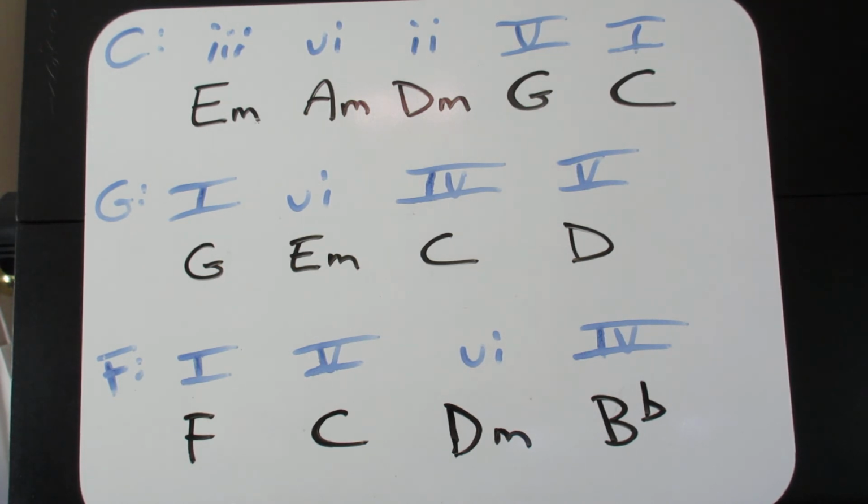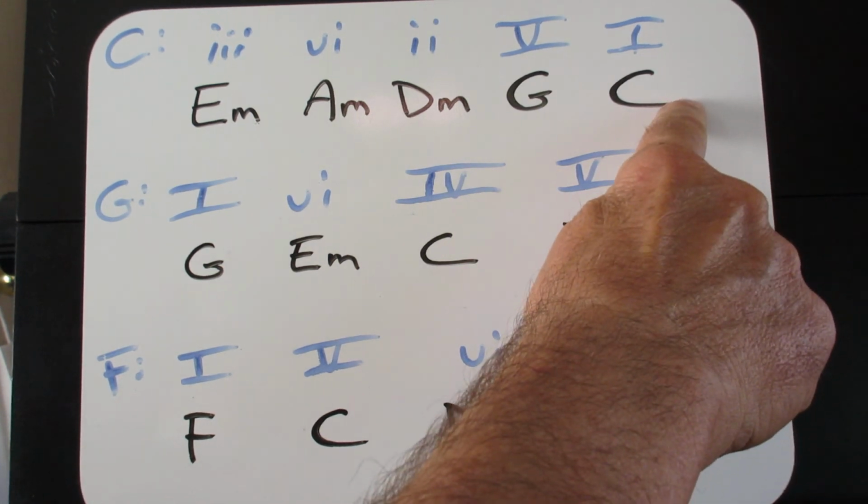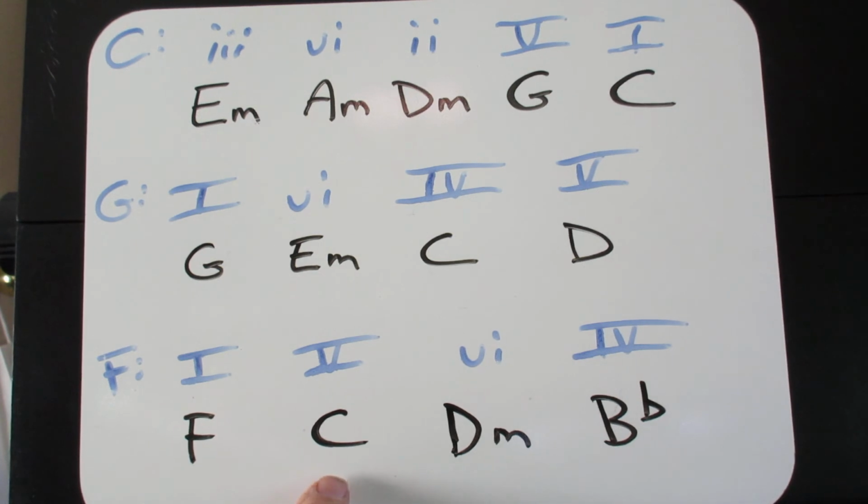We don't know what a word means or what part of speech it is until we see it in a sentence. The same word could be a noun, a verb, or an adjective, depending on what sentence it's in. The same thing occurs here. This chord is going to sound different in this progression than it does in this progression and in this progression, and it has a different function in each.